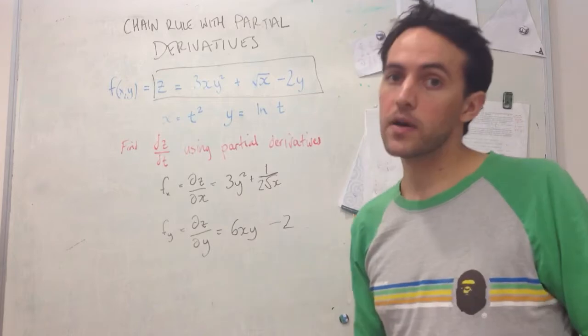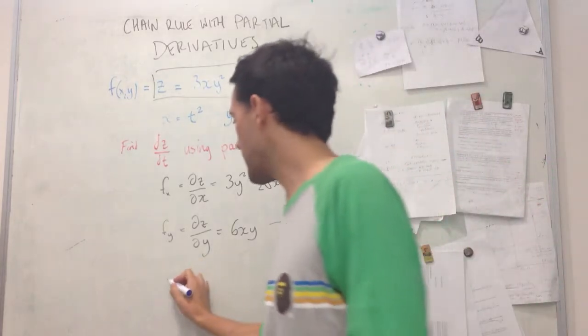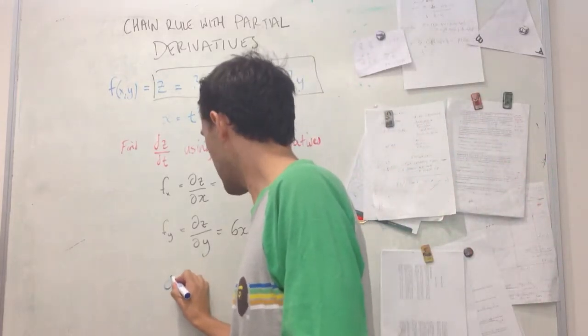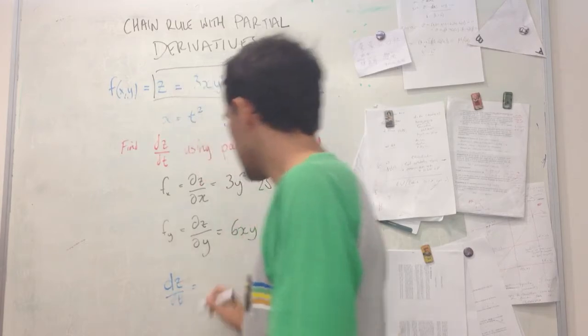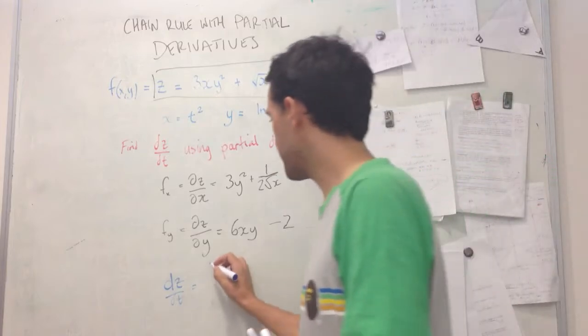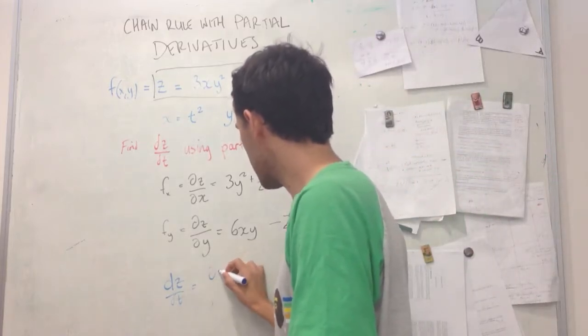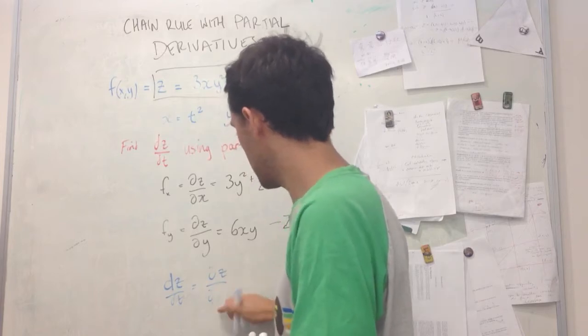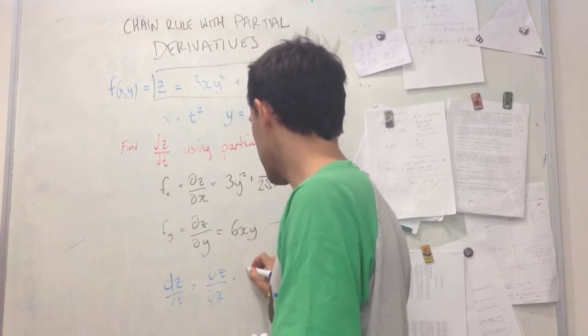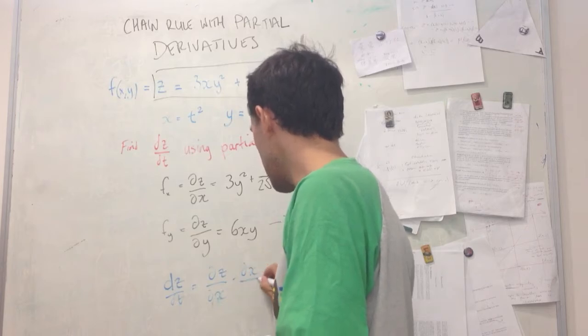Now remember, for dz/dt, what we're going to look for is that dz/dt is equal to the partial derivative ∂z/∂x times dx/dt.